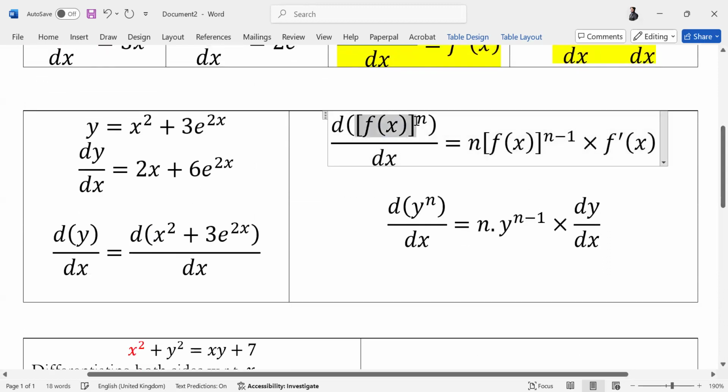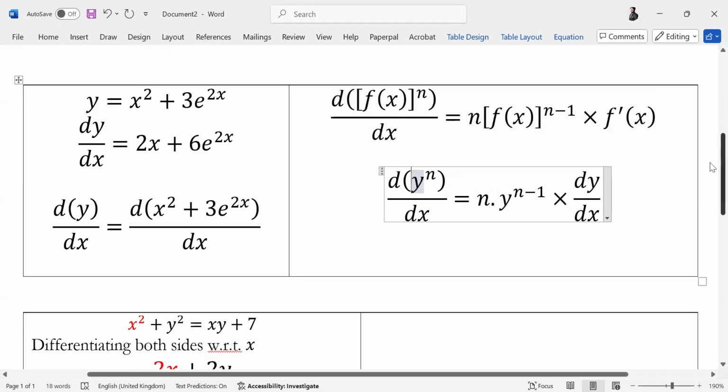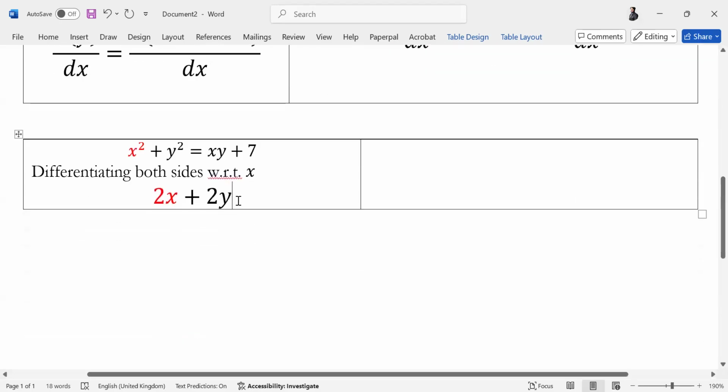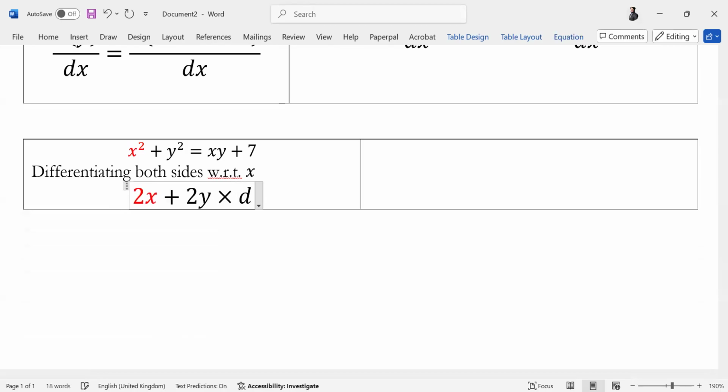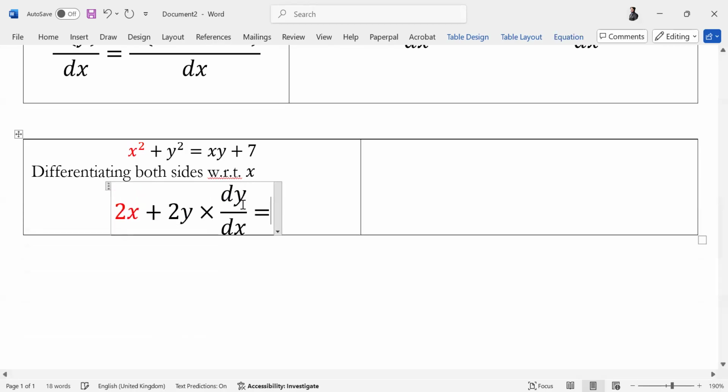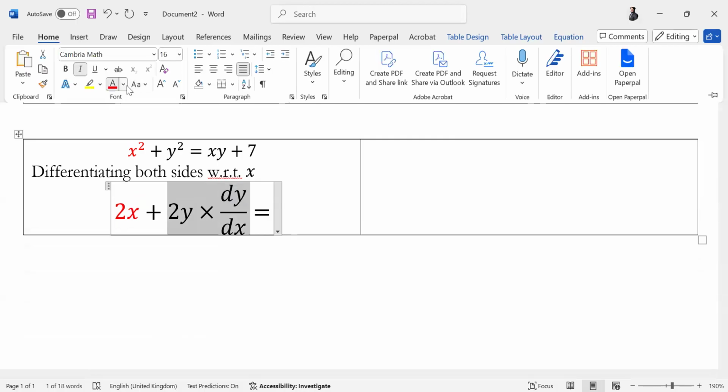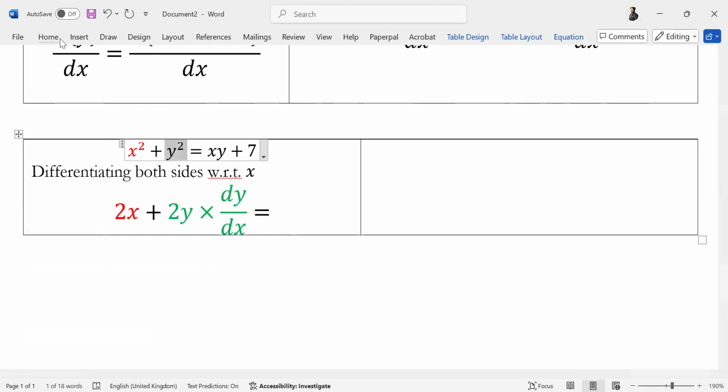We had any function with a power n. So you said n, the function remains as it is, the power reduces and then multiplied by the derivative. What about y? If y is a function of x, but we do not explicitly know what it is. So, very good. We will multiply it by dy by dx. So this is just the derivative of y square.